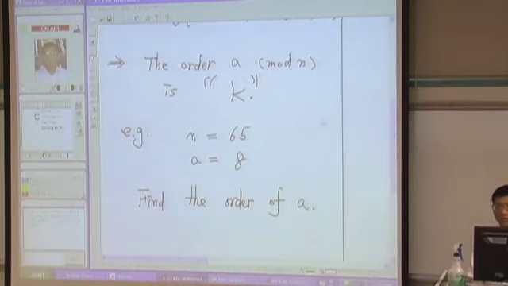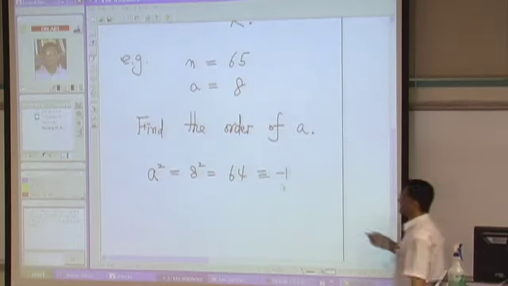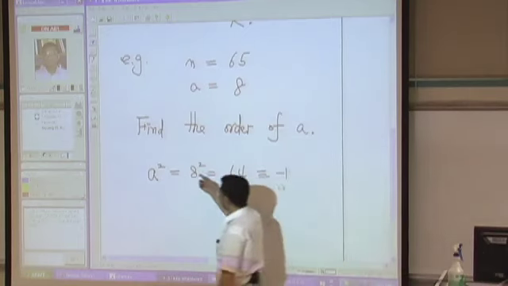So to do it, what should we do? We multiply A one time at a time. A squared is 64, and 64 is congruent to negative 1. So is the order 2?